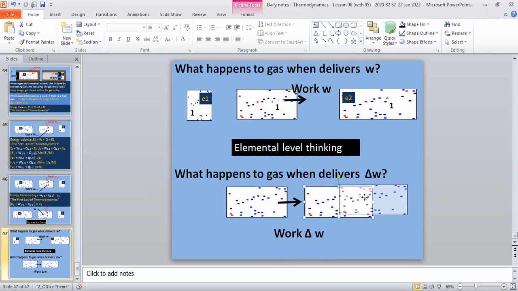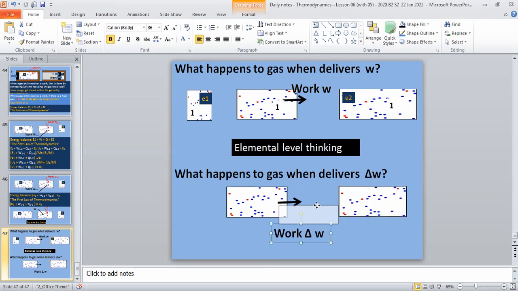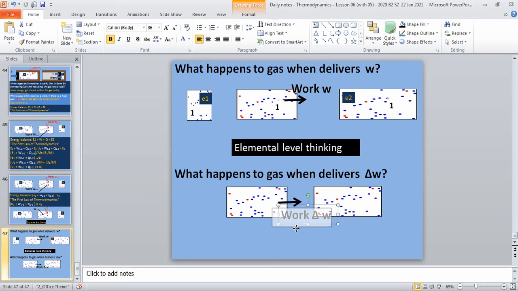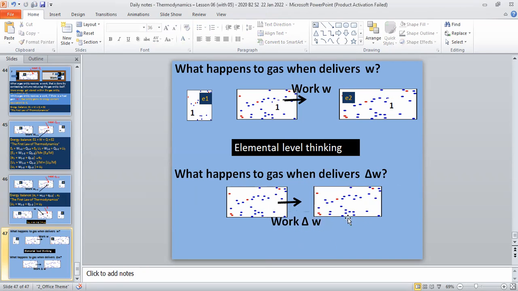So this what delta W delivers, this change like this. Okay. So this change is something like that. A little increase in volume.